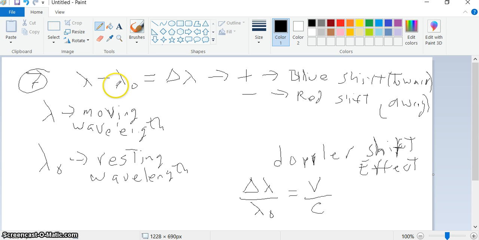If the source and the observer are moving away from each other, then the moving wavelength, which we call lambda, is going to be smaller than the wavelength at rest, right? Sometimes we call this the wavelength in the laboratory, if you were at rest.